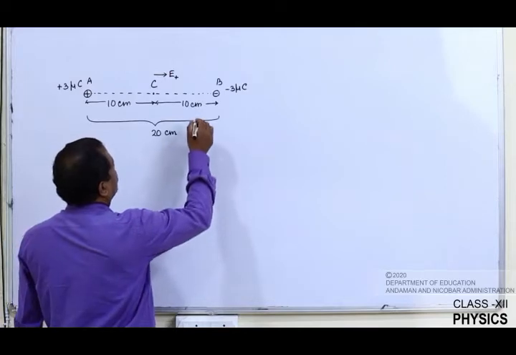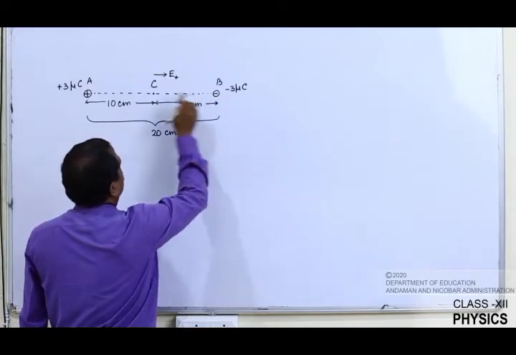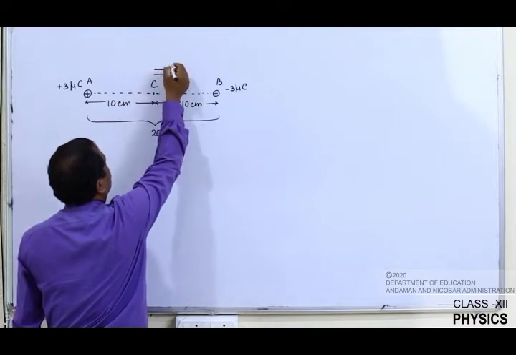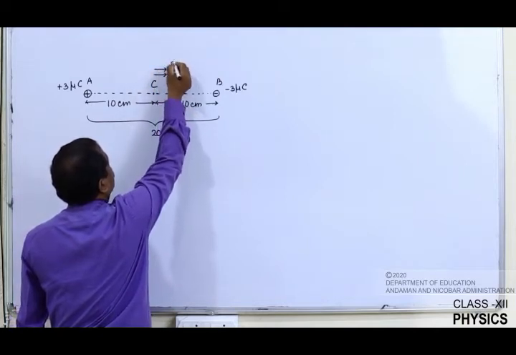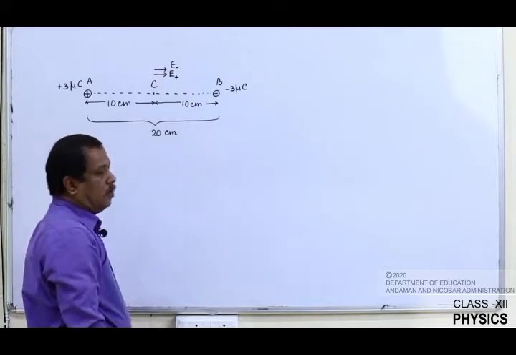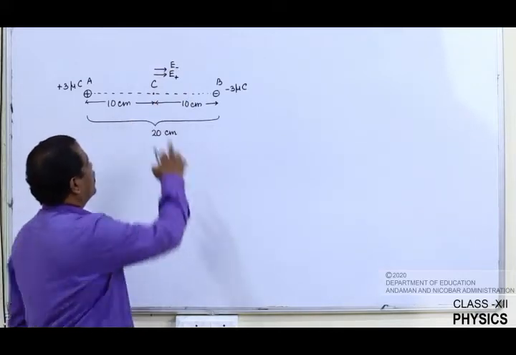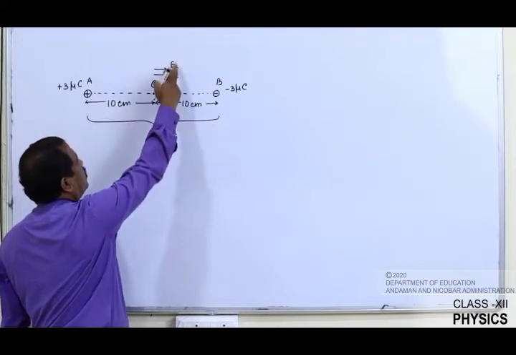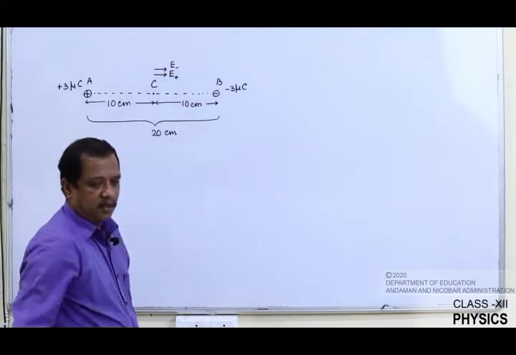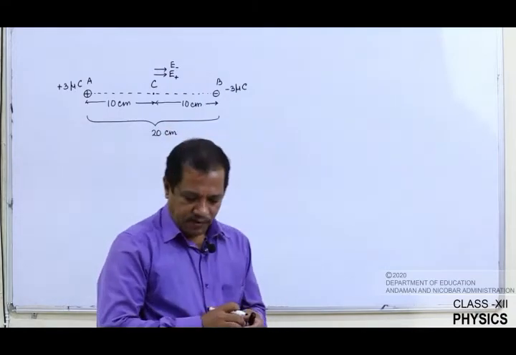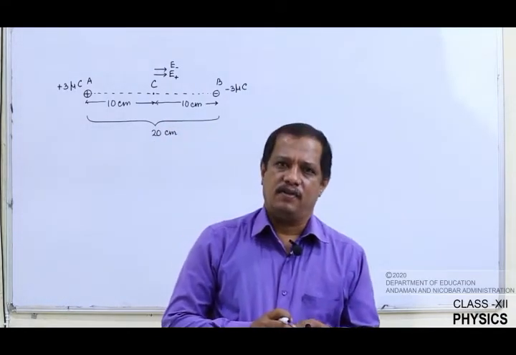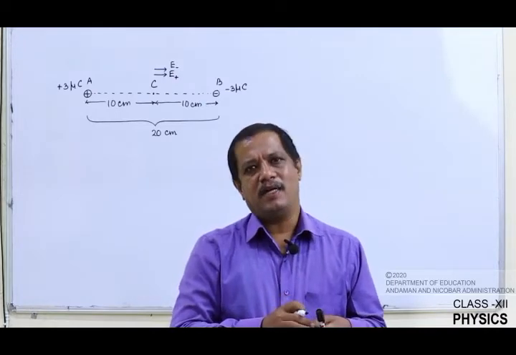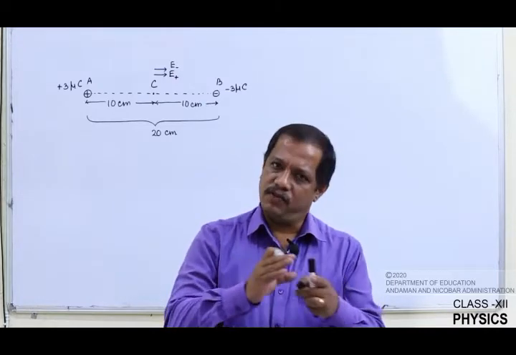Next, because of the negative charge, the electric field is also acting along the same direction. Let me say this is E minus. So at point C, the electric fields due to the positive charge and the negative charge are both in the same direction. Therefore, the total electric field will be the sum of the two electric fields. So I want to calculate the magnitude of E plus and E minus separately, and find the sum of the two fields.